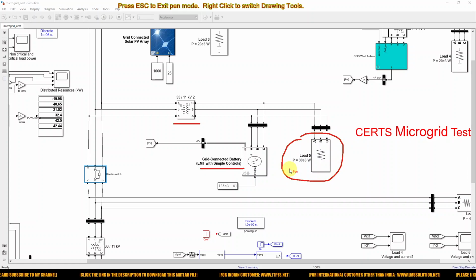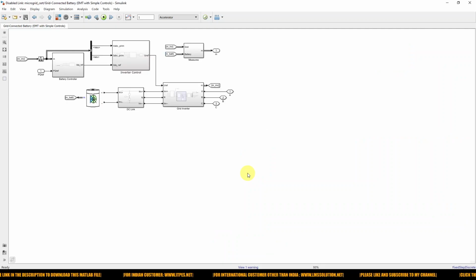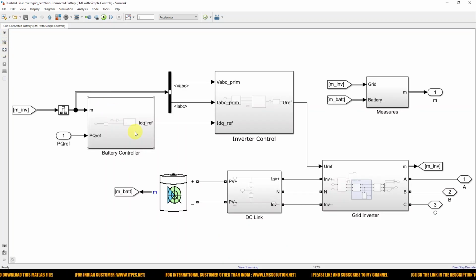The load data is equal to 30 kilowatts. Next we go inside the grid connected battery system. This is the block inside the grid connected battery system.